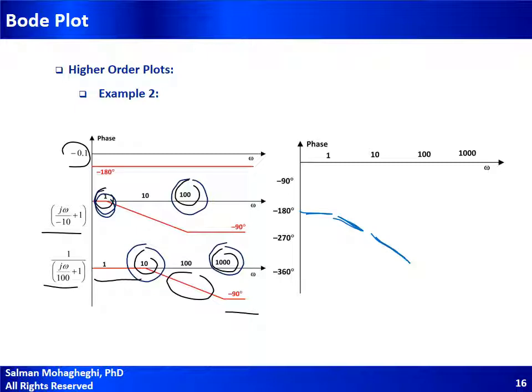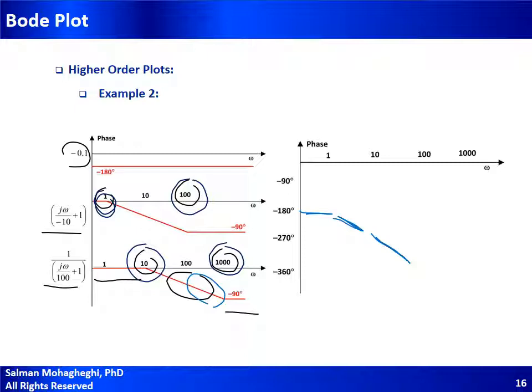When I get to breakpoint number 3, which is point 100, all of a sudden the impact of the phase of the 0 goes away. The slope basically becomes 0, and it stops at negative 90. So the only thing I have is the line representing the phase angle of the pole, essentially this section of the line.